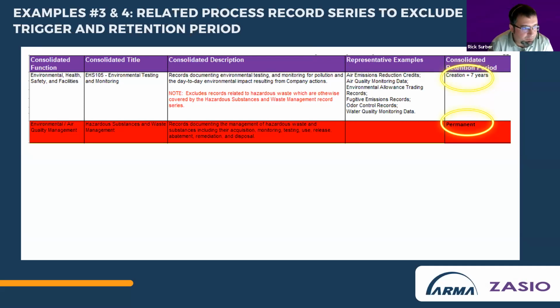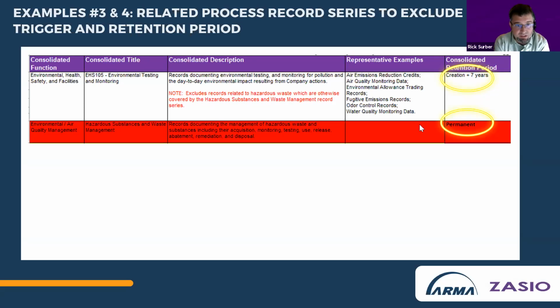You can see with this one, it's broadly described in that description to cover monitoring for all types of pollution, day-to-day environmental impact resulting from company actions. And then we've termed it representative examples because we don't want to mislead users into thinking that every record they've got will be listed there. We just want to give them context so they can figure out where their records go.